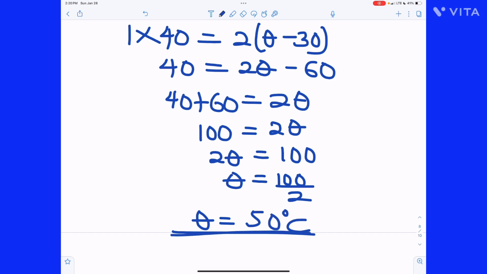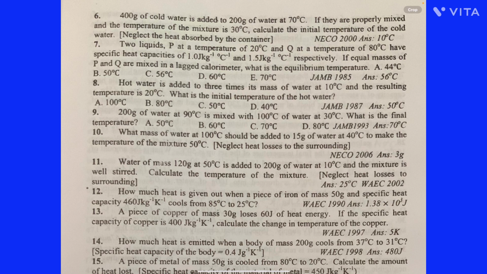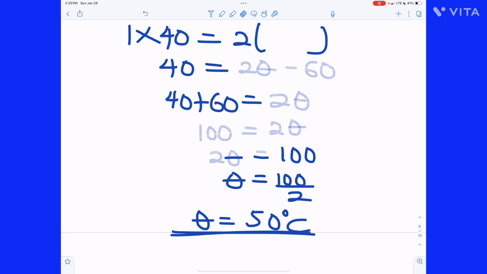This is not looking okay. Let me see what the problem is. I think I've made a mistake. Okay, I've seen my mistake. The temperature of cold water increased from theta to 30, not from 30 to theta. So this side is not correct.